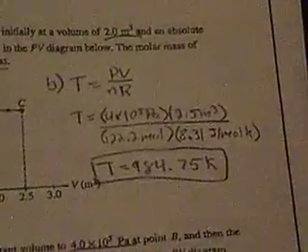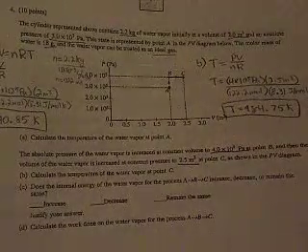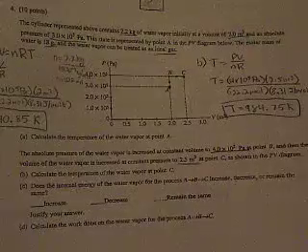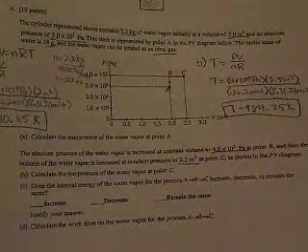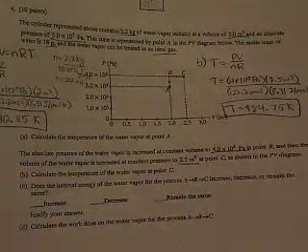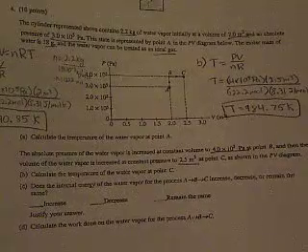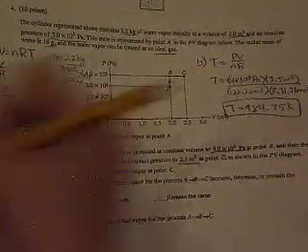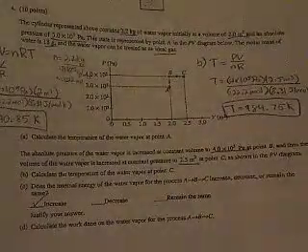Part C asks us, does the internal energy of the water vapor for the process A to B to C increase, decrease, or remain the same? So, we are going to check off the box that says increase.